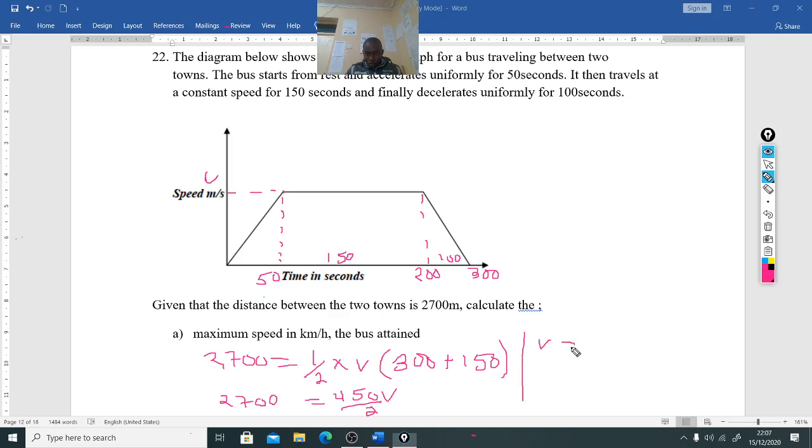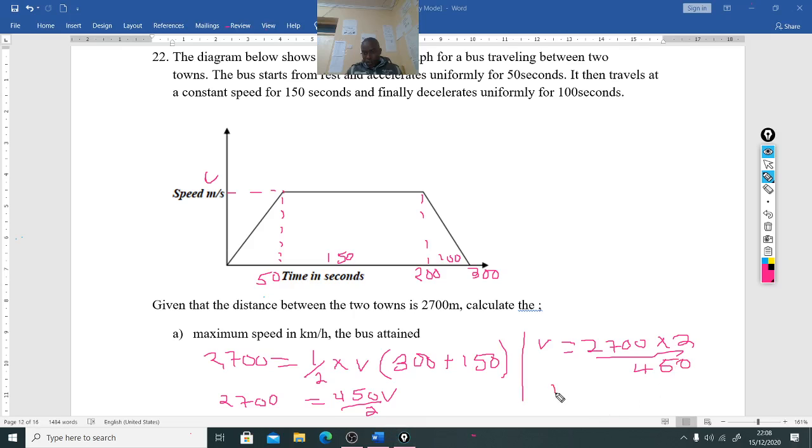V is equal to 2,700 times 2 all over 450.